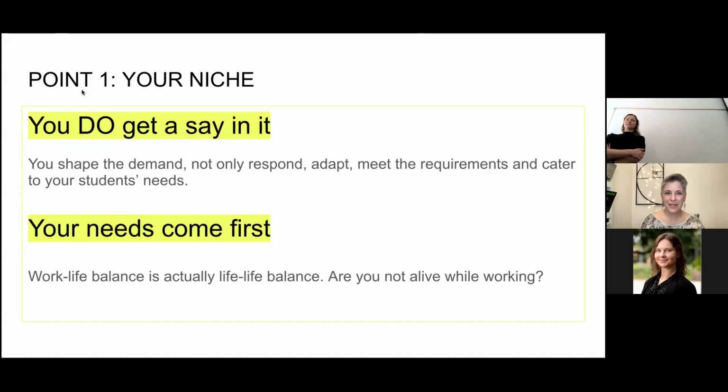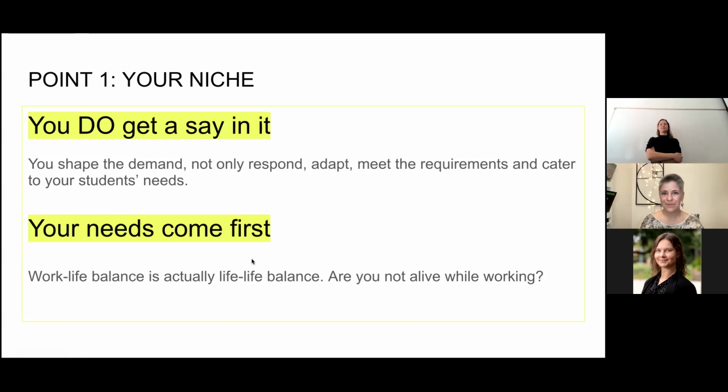It's not that you only research the market. It's not only that you are looking into the needs of your students. You are actively shaping the needs of your students by choosing your students. Someone might be better off with someone else, not you. And it is up to you to decide.